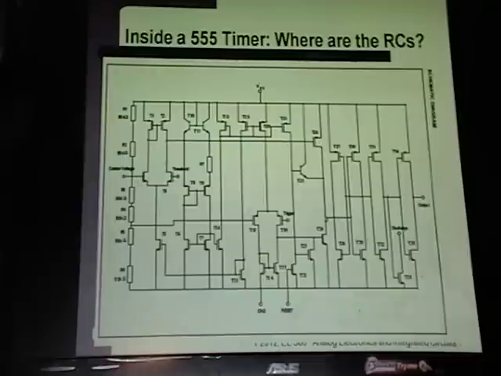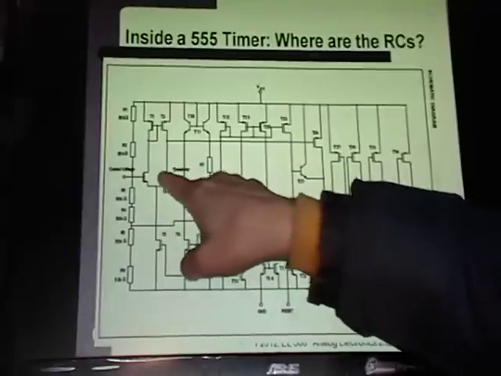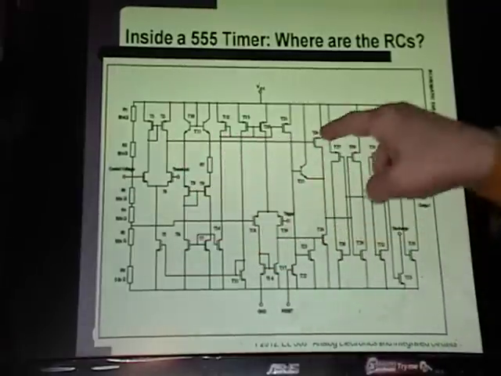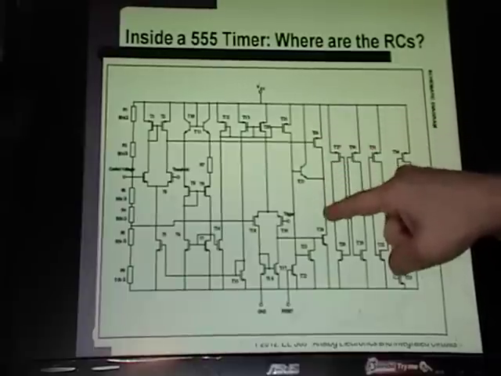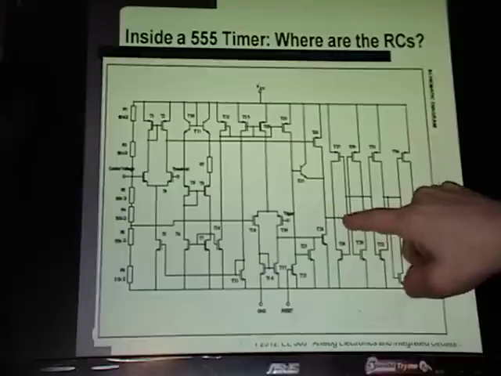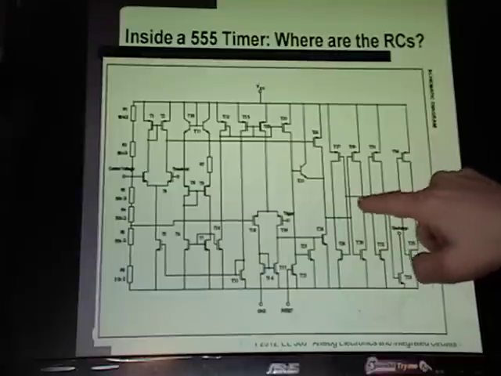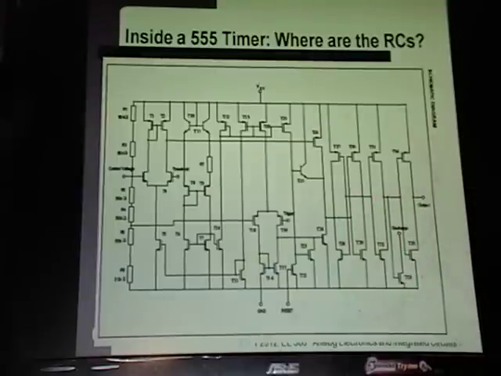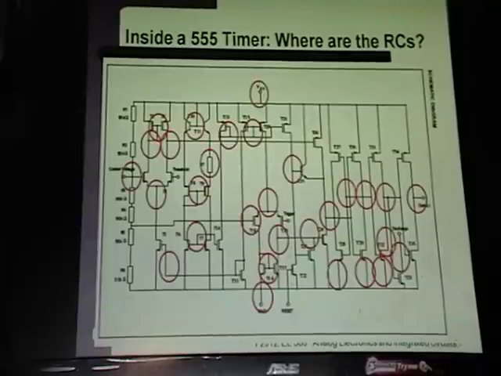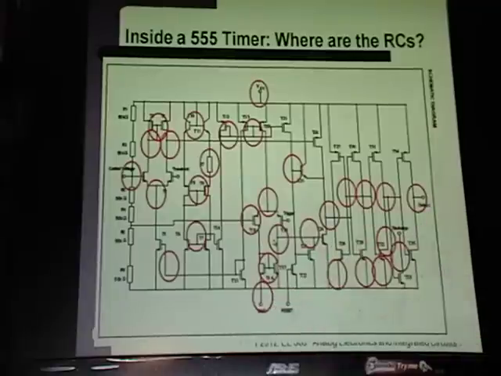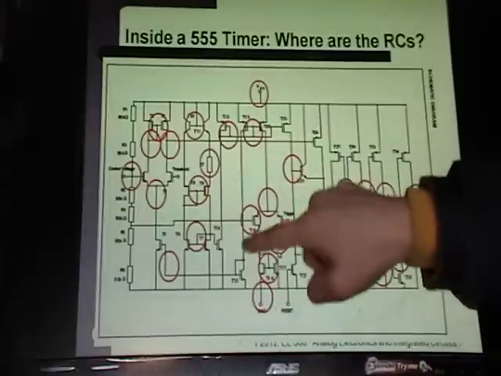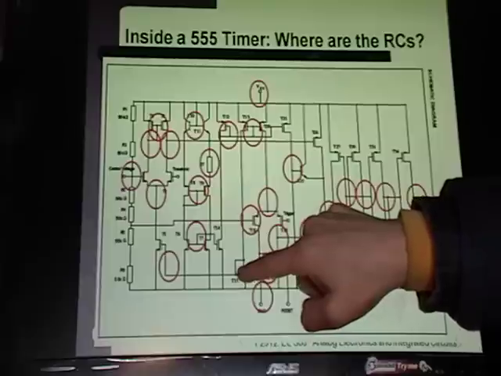Anything along this path, here's another common source amplifier. Anything along this path, where there's an R and a C, you probably want to be careful of. But again, all these circles up here on supply and ground, those don't really matter. Here's some biasing circuitry, I think.